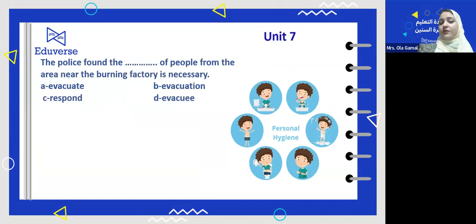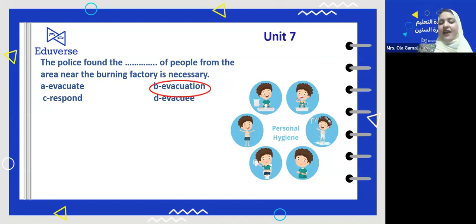The police found that what of people from the area near the burning factory is necessary. So there is a burning factory next to a place. So the police found it's very important to do what? Evacuate, evacuation, respond?